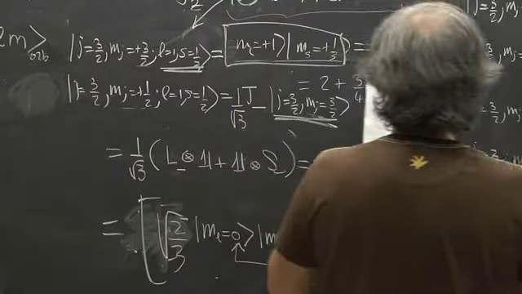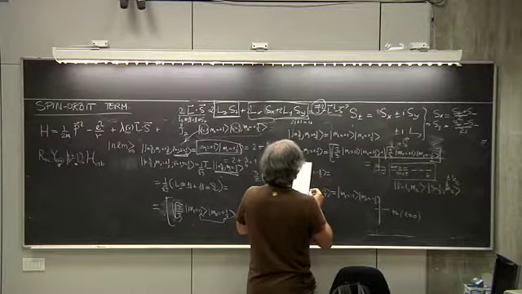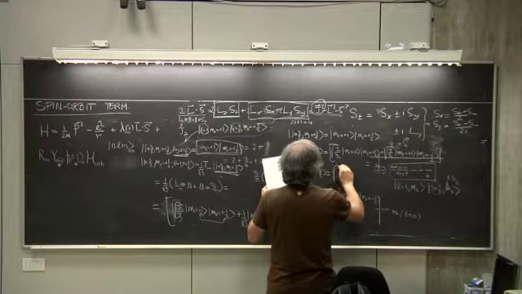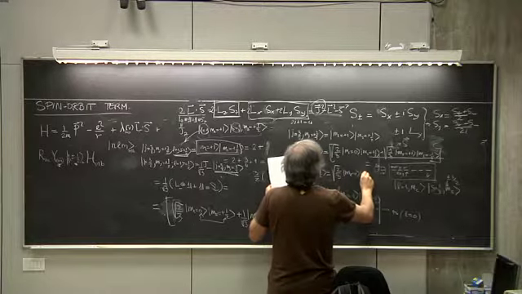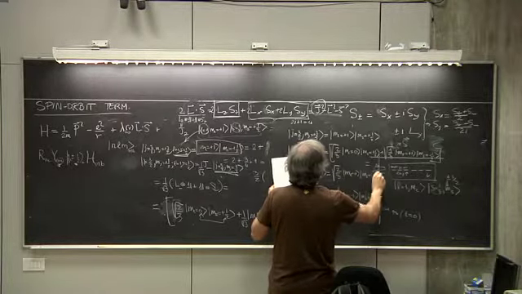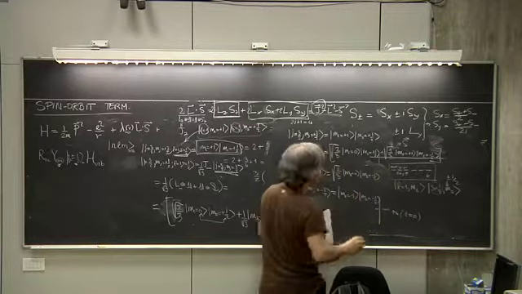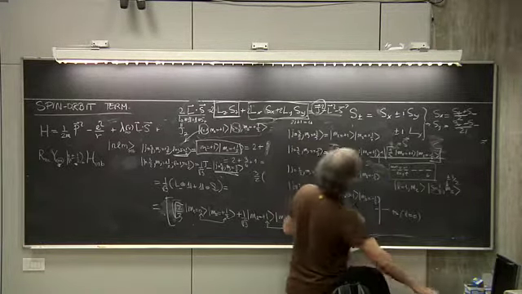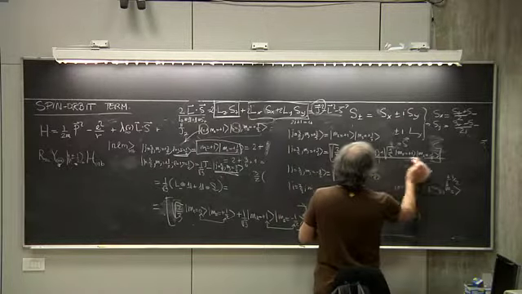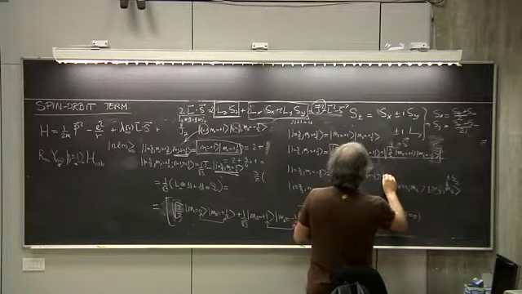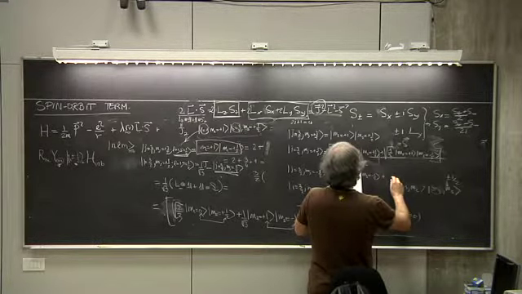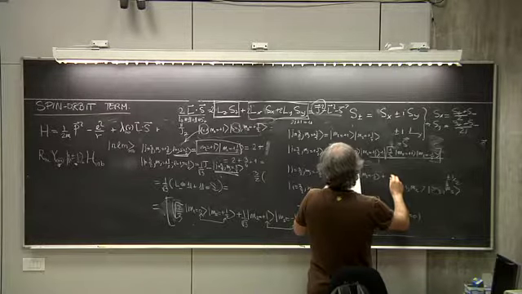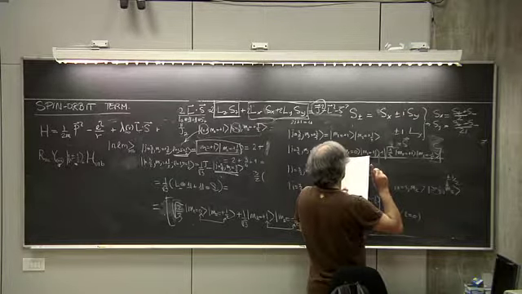So you will find essentially square root of 2/3 ML equal to 0, MS equal to -1/2. And then I think I must erase the general states here, plus wait, what is it? Oh, just a second, huh? I get the right thing.